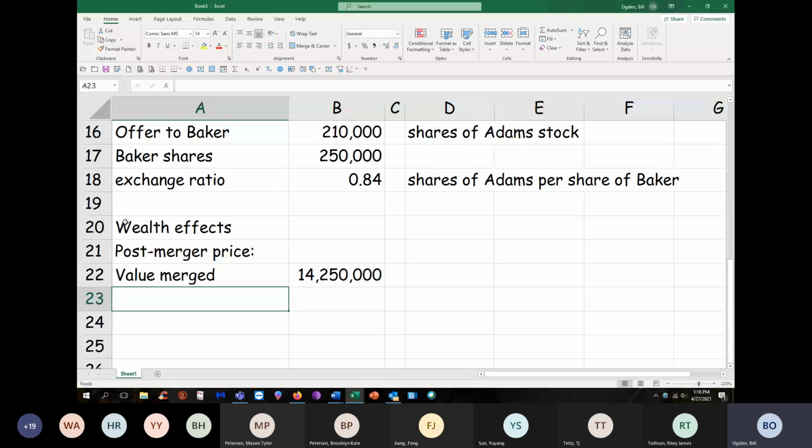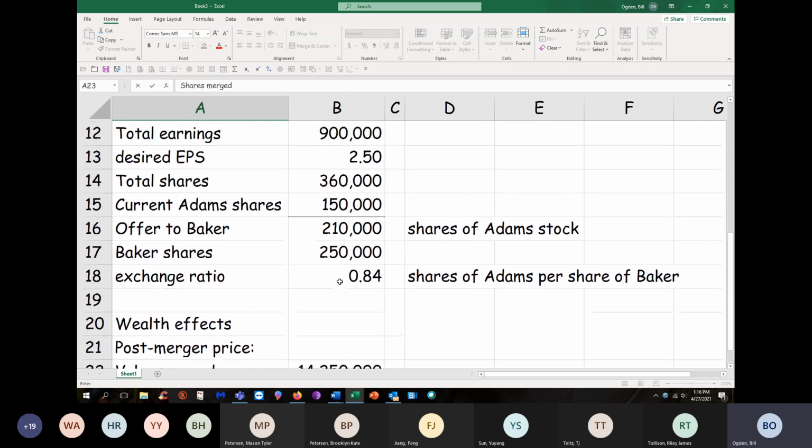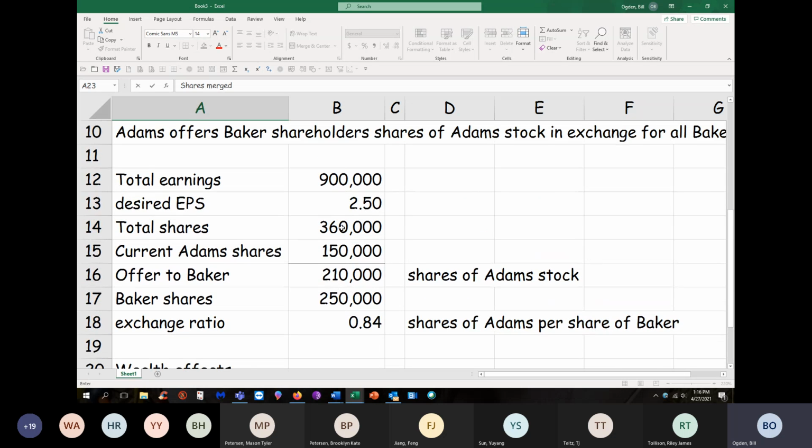Okay, and how about the shares merged? So this $14,250,000 of combined value is split amongst how many shares? Well, we just did that. We said we will have 360,000 shares altogether. 150,000 would be the current or pre-merger Adams shareholders, and the other 110,000 would go to the former Baker shareholders.